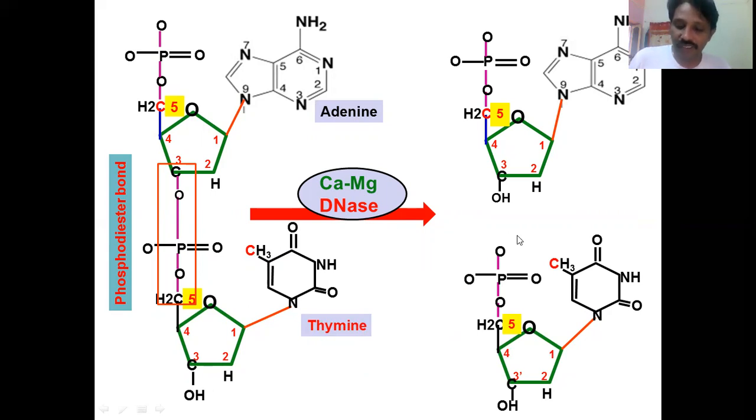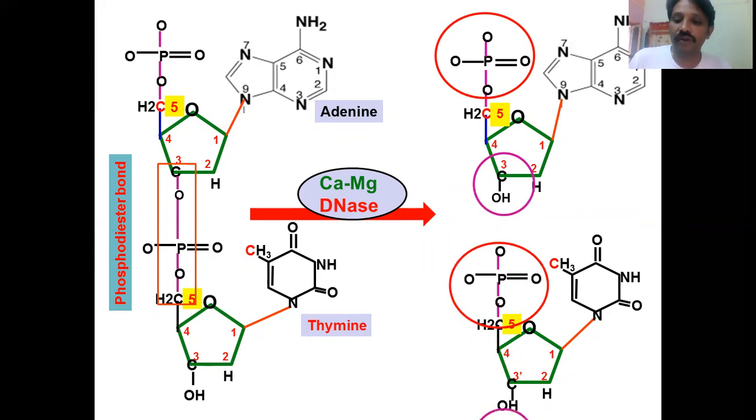When they are released, the mononucleotides consist of a 5' monophosphate and a 3' hydroxyl group. Whenever a polynucleotide is digested with DNase I, it releases mononucleotides, trinucleotides, tetranucleotides, or oligonucleotides.